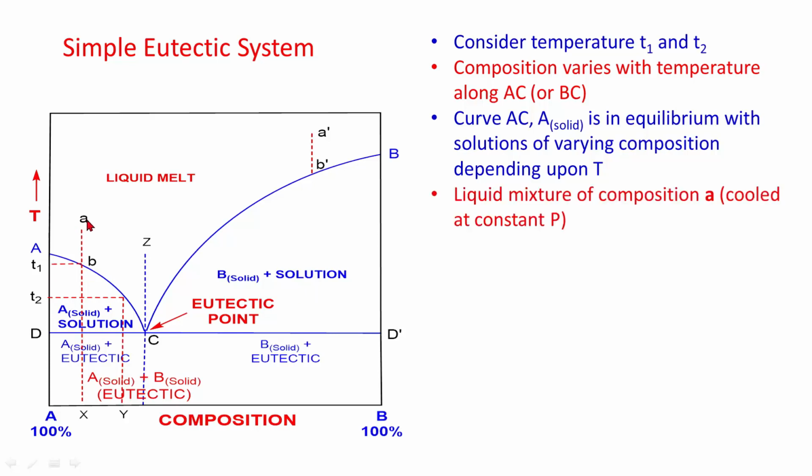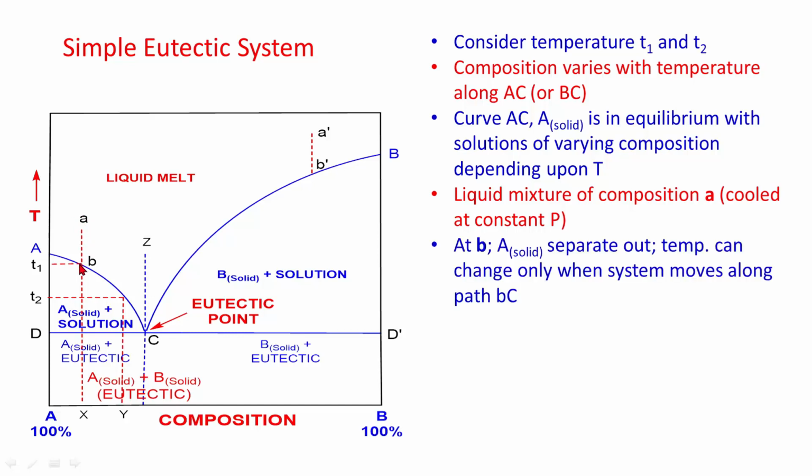Let us consider a liquid mixture of composition A at this temperature. It is allowed to cool at atmospheric pressure. At B, A solid separates out. Temperature can change only when the system moves along the path BC. At point C, the second solid B also begins to crystallize out.